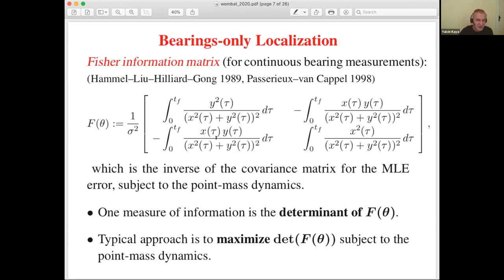You can see that each element of this matrix is an integral, and the integrand involves the geometry of the problem.